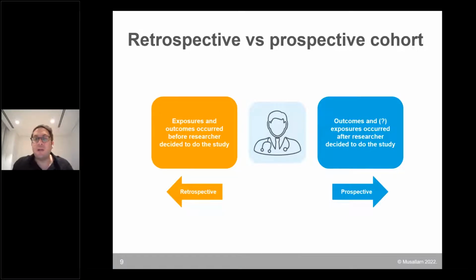So I can go back in time and look into patients who were smokers in 1985 and follow them through the charts until the year 2010 and see how many developed myocardial infarction. Everything happened before I decided and started to do the actual study and looking at the data. In a prospective way, I will take patients who are smoking today and another group who are not smoking, and from today I start their follow-up to see if any of them will develop a myocardial infarction.